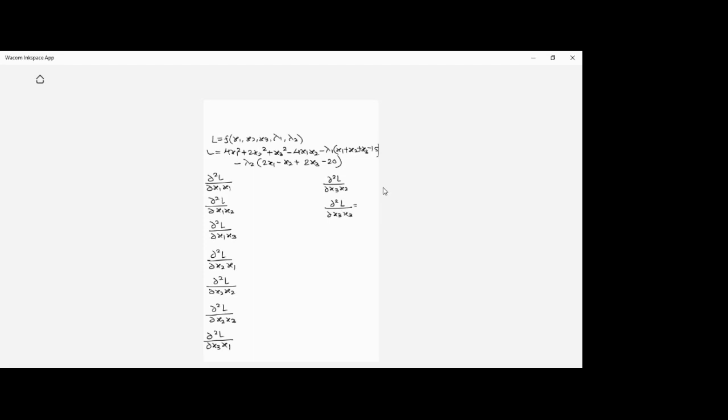So all these values we are going to require.